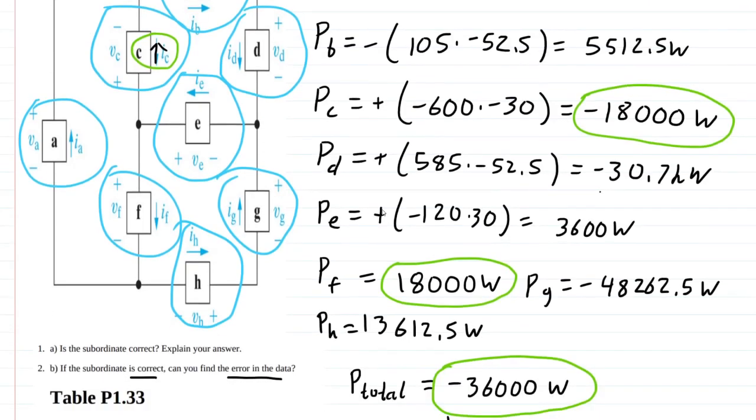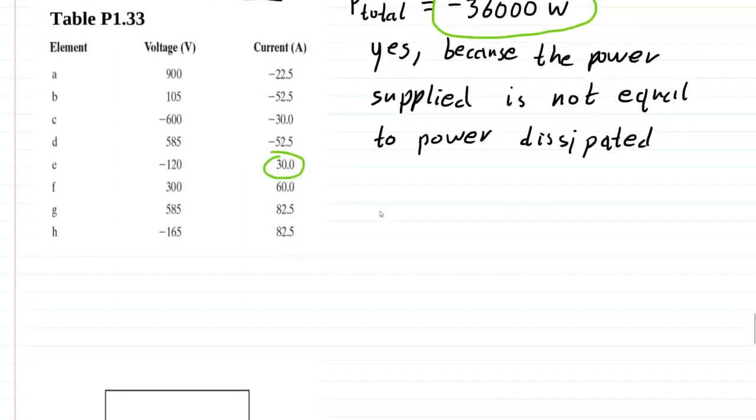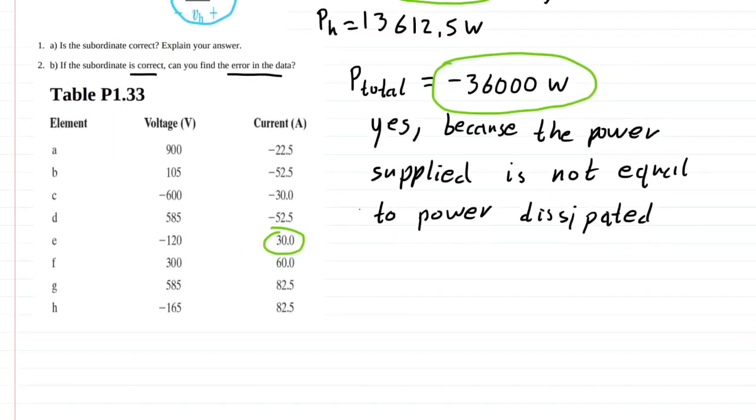It has to be that one. So as a result, we found a discrepancy. We can see that this is supposed to be a plus. And the error in the data is that the direction for IC was opposite of what it was supposed to be.